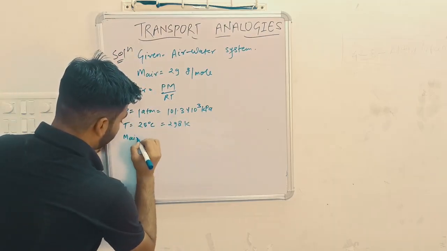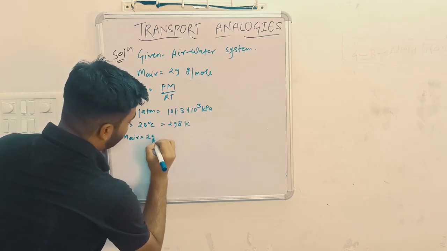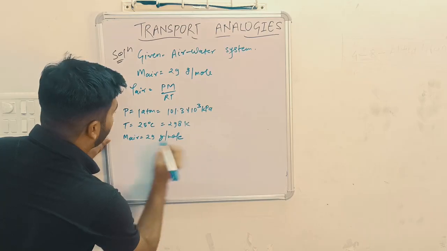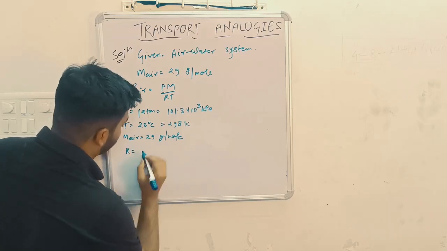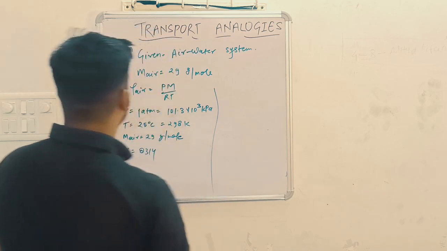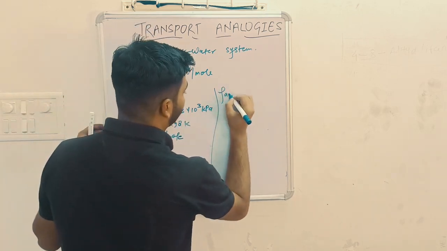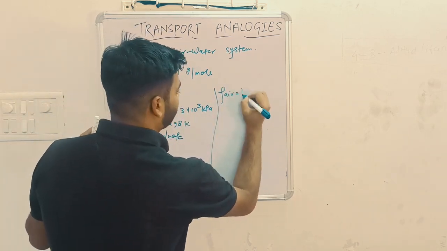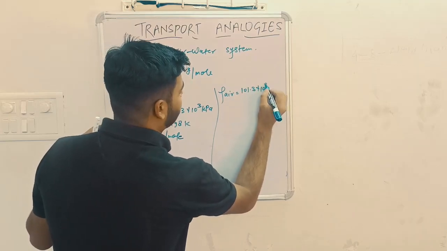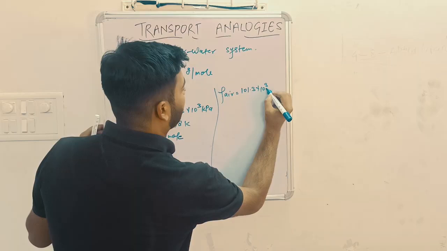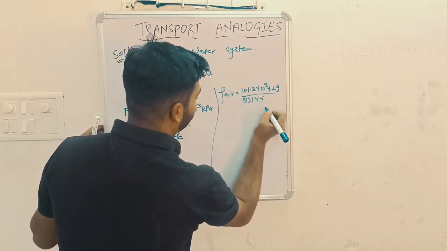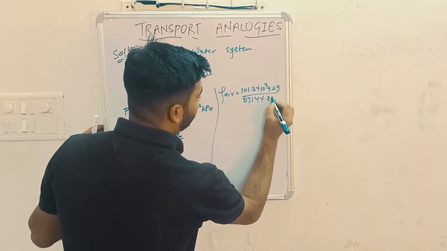M air equal to 29 gram per mole, and R is taken as 8314. So substituting R value, we will get rho air equal to 101.3 into 10 power 3 into 29 divided by 8314 into 29.